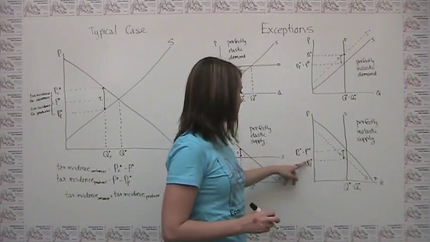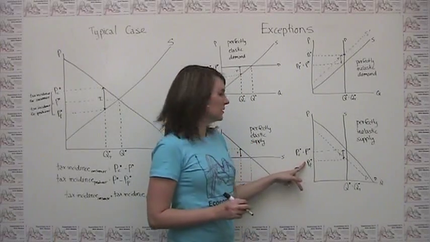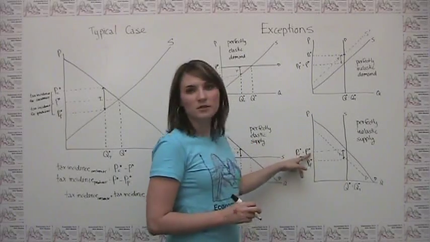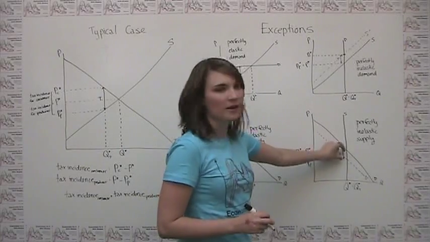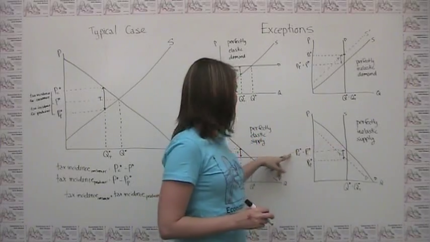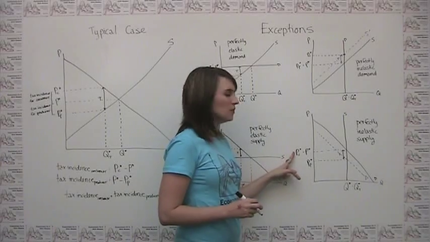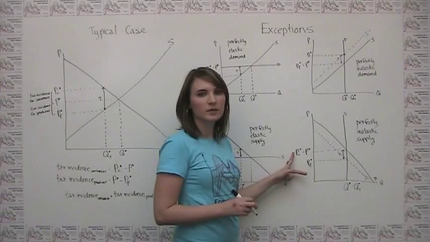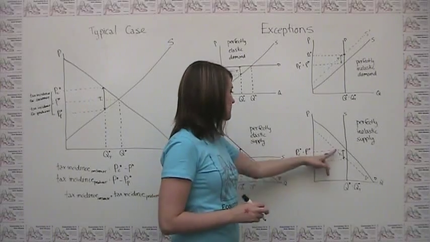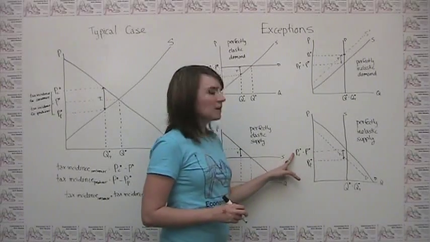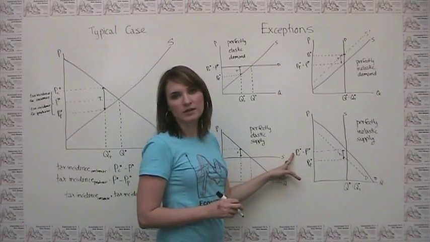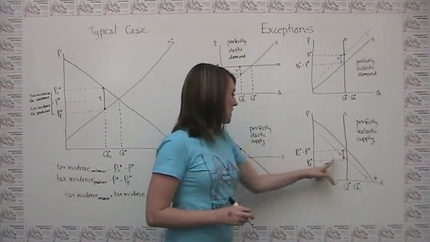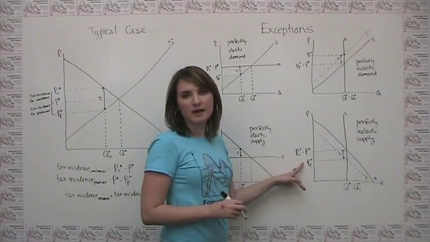For the producer, the new price is lower than the original no tax price by the entire amount of the tax, whereas the price to the consumer is the same as it was before the tax was put in place. In terms of our definitions, we can say that the tax incidence on the consumer is zero, and the tax incidence on the producer is the entire amount of the tax.